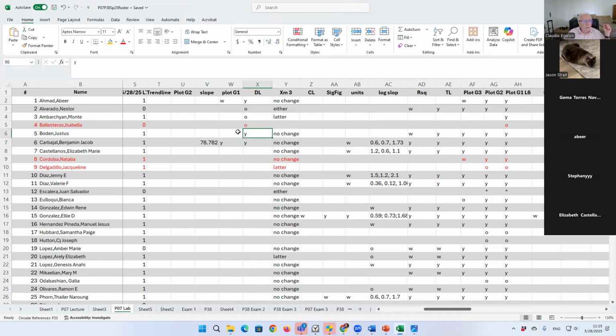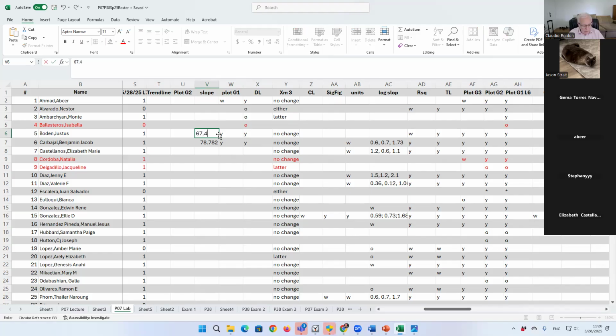Now, Justus, did you plot your first graph? Yes. What's the slope that you got for the first graph?